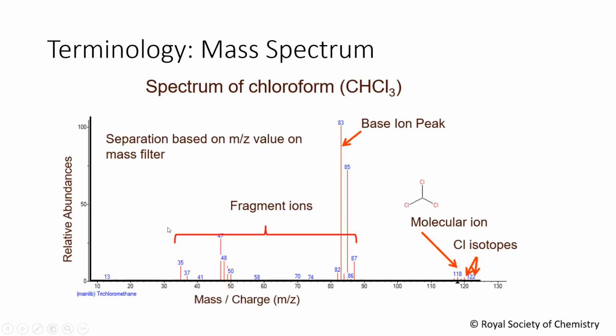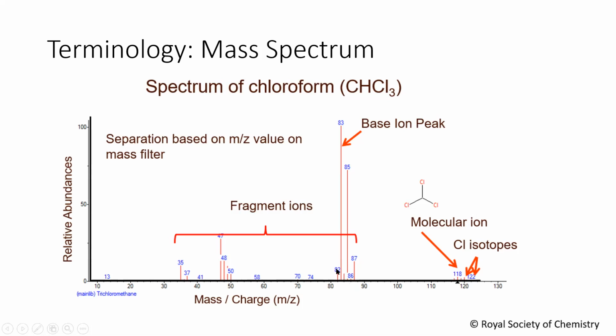Looking at this now, if this is our molecular ion, we see some other lines in the spectrum, and these are called the fragment ions. Remember I said that the molecule is charged and bombarded with electrons and is broken into pieces. The covalent bonds are broken, and these are the fragment ions that are broken off from the molecular ion.